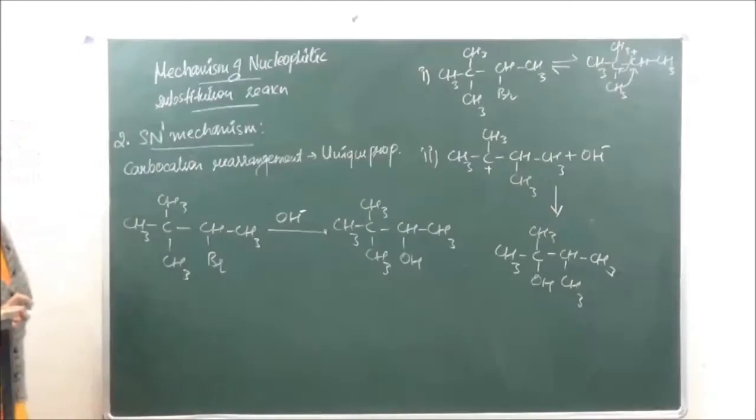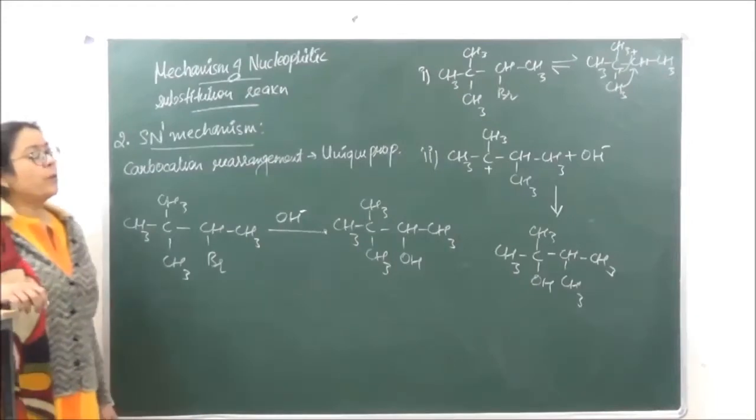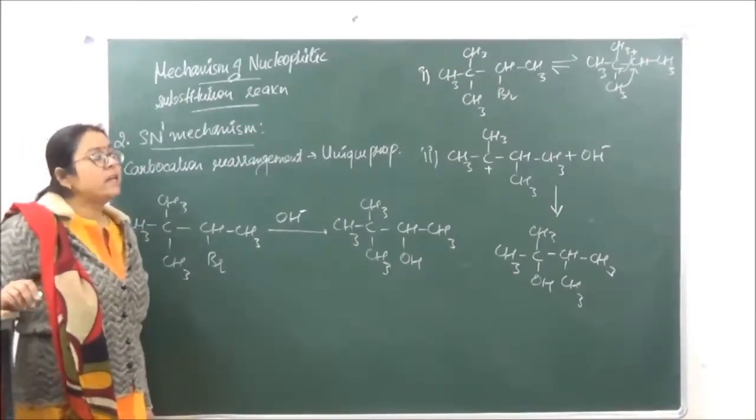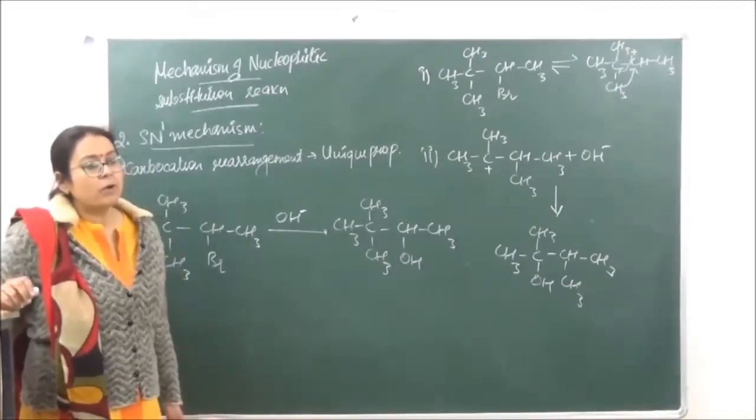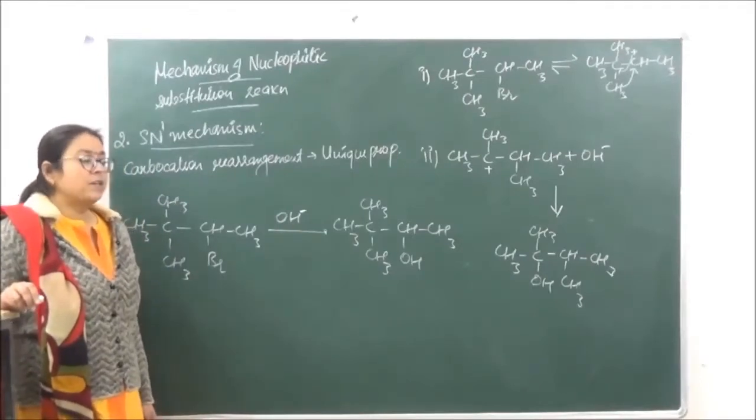So the nucleophile will go and attack at the 3 degree carbocation. So whenever there is a carbocation intermediate which is going to be formed, please always check the possibility of stability of the carbocation in order to determine the product.